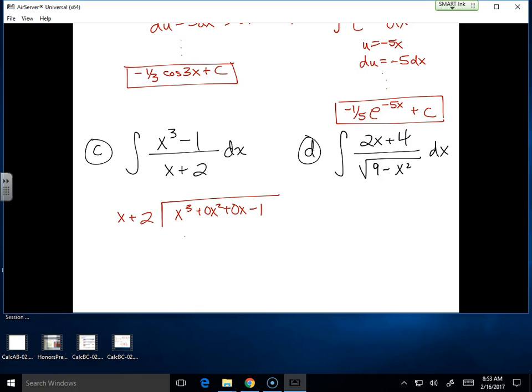What can we always do first to make it easier? Divide. Letter D: u-sub, because there's an x on top. But wait, no. What are we going to do instead? Here's a nasty hard method that's a really good idea, because then over here with 2x over, I can use u-sub, and over here I can use arc sine.